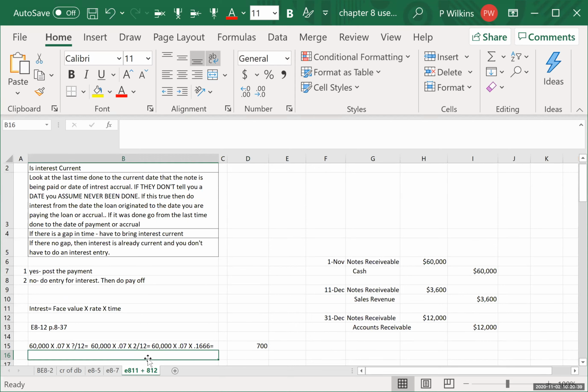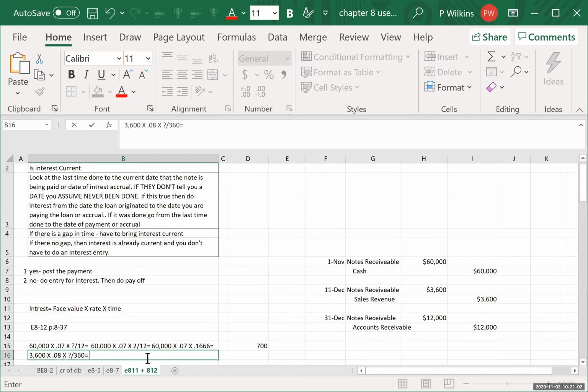It's a $3,600 loan, so it's $3,600 times the rate, and the rate on this loan is 8%, times the time. They tell us it's a 90-day note, so the time is something over 360.